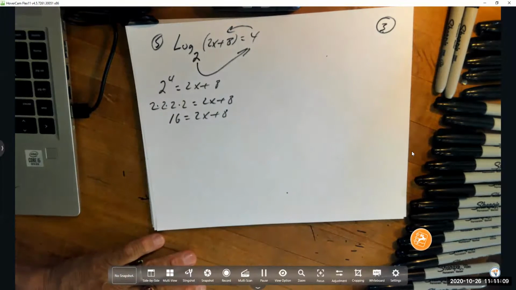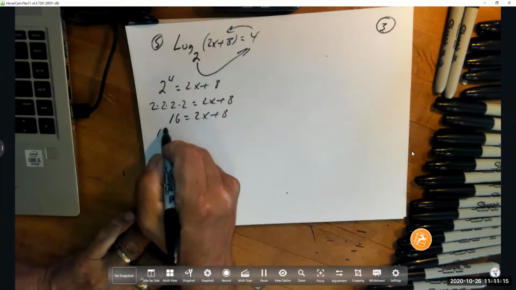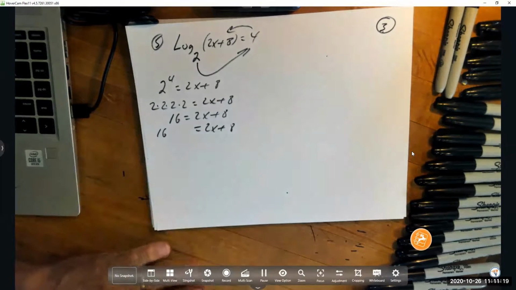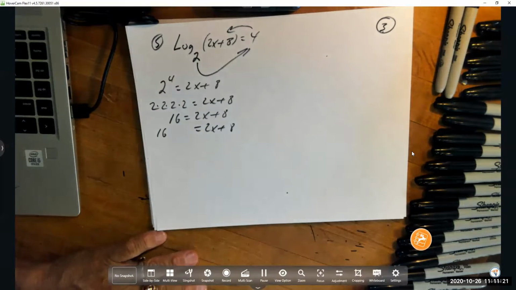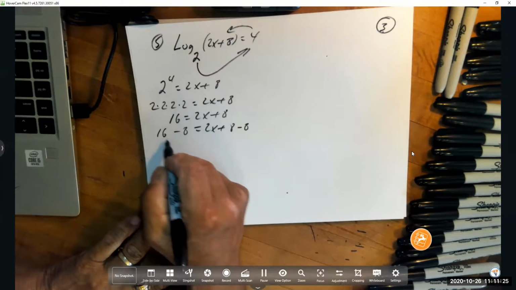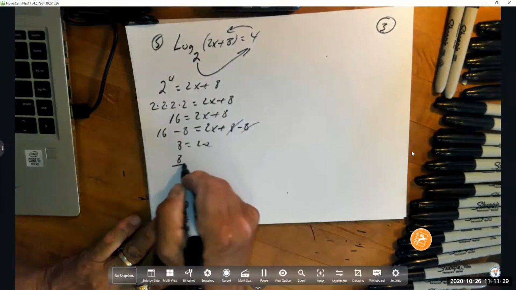Then what? How do you get x by itself? Subtract something. You tell me. Subtract 8. Yep. 16 minus 8 is 8. So 8 equals 2x. And then divide by something.